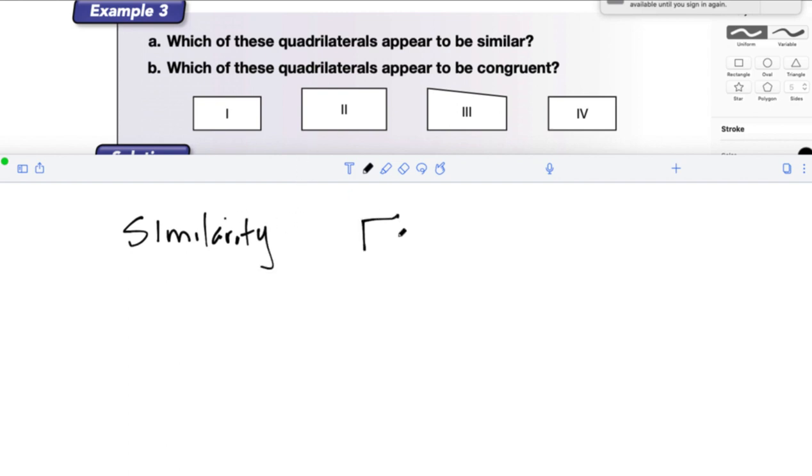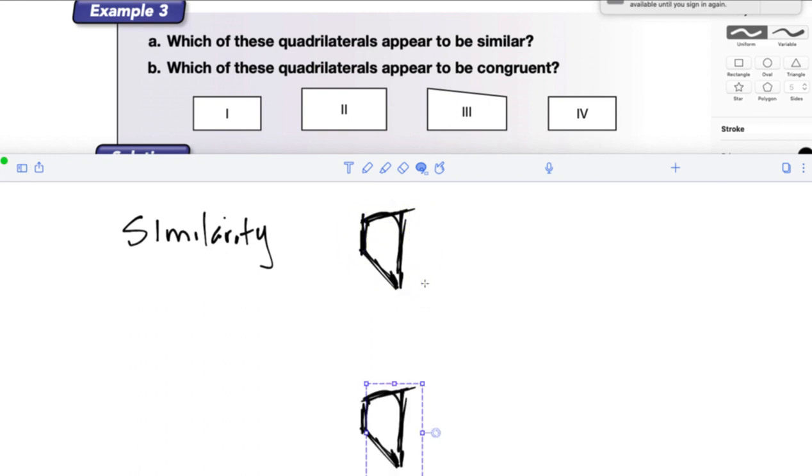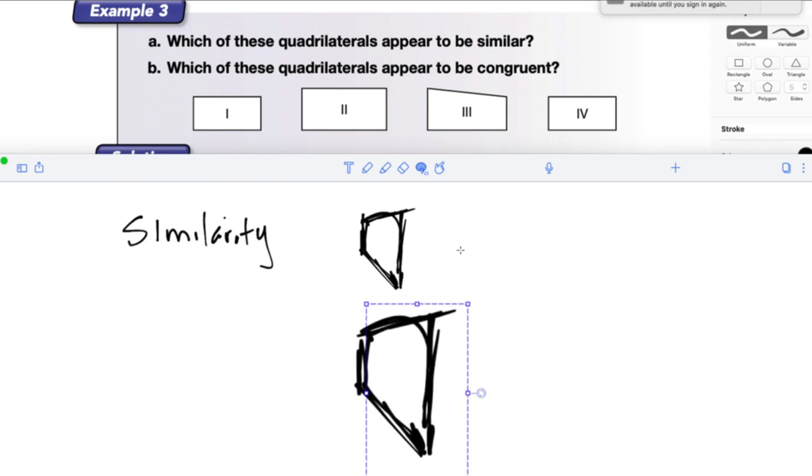So I'm going to try and see if I can draw a similar polygon here. So I've got this polygon, and make it look a little bit better. This polygon, and then I'm going to talk about this polygon down here. And these two polygons are said to be similar.